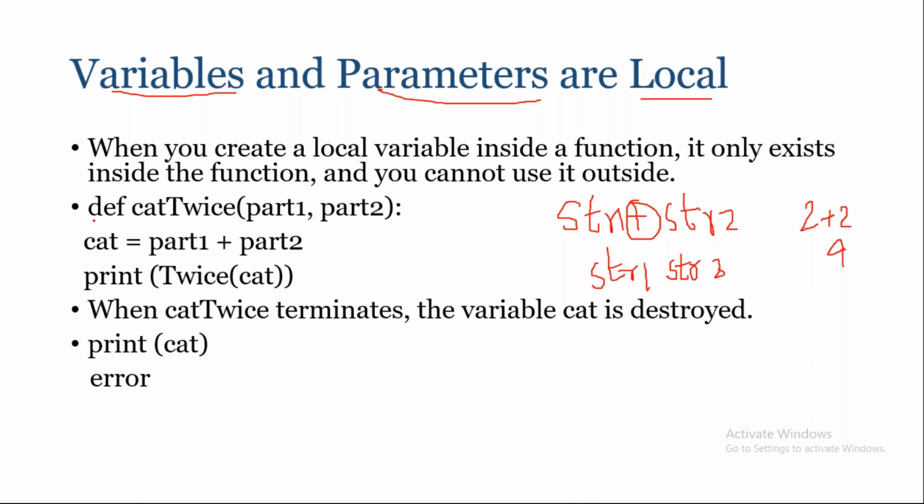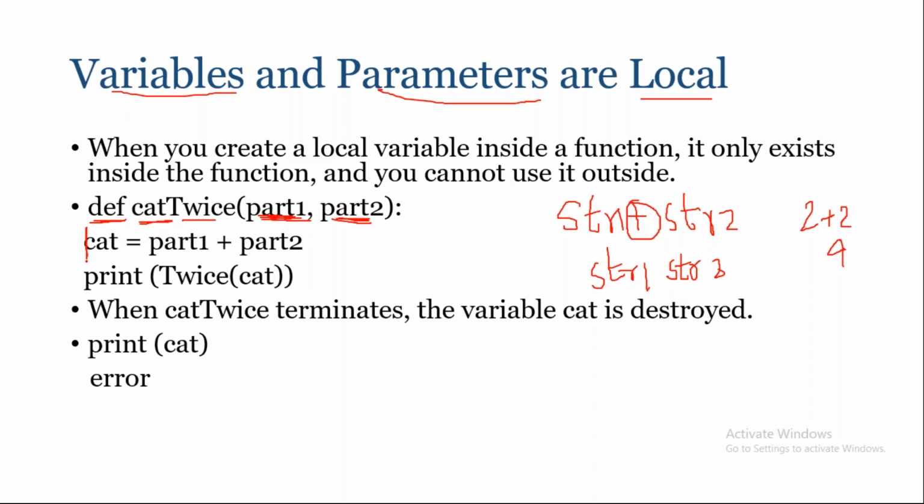So I am defining a function in which I am asking the function to concatenate the things that are inside it. I have passed two parameters, part 1 and part 2. Remember, I am defining my function, so all these things will be called parameters. You see there is a mistake here.